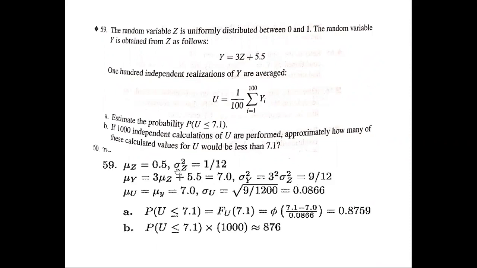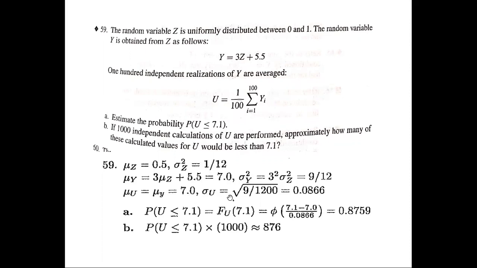Okay, so now this is for y, which is only this. Going further, u is the average of 100 values. So mu u is equal to mu y, because it is an average, that is equal to 7.0.